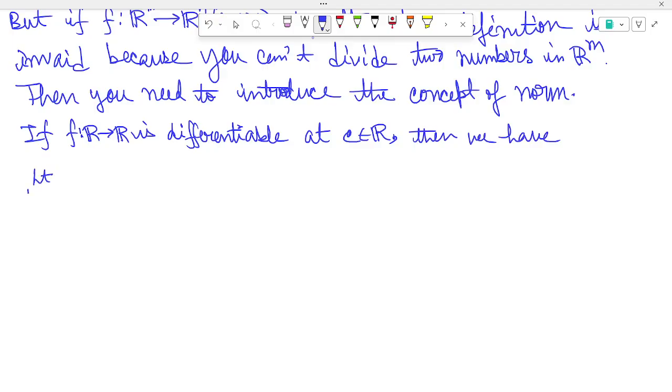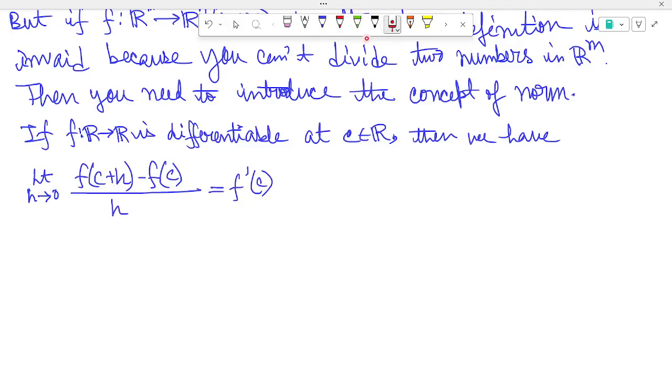Limit h tends to 0 of f of c plus h, this is the definition, and this is equal to f dash c.